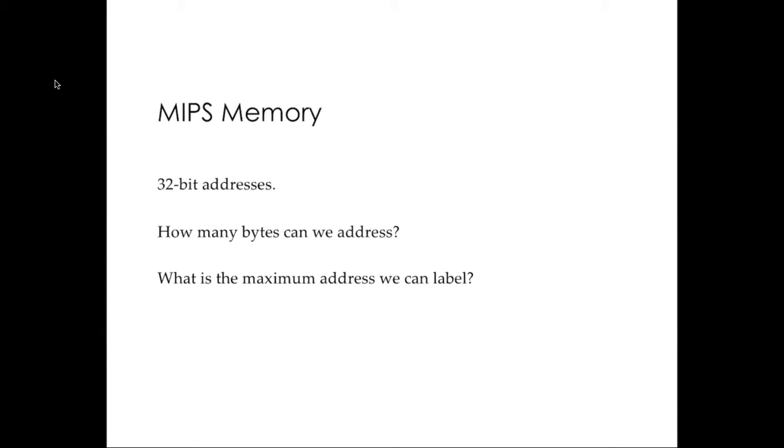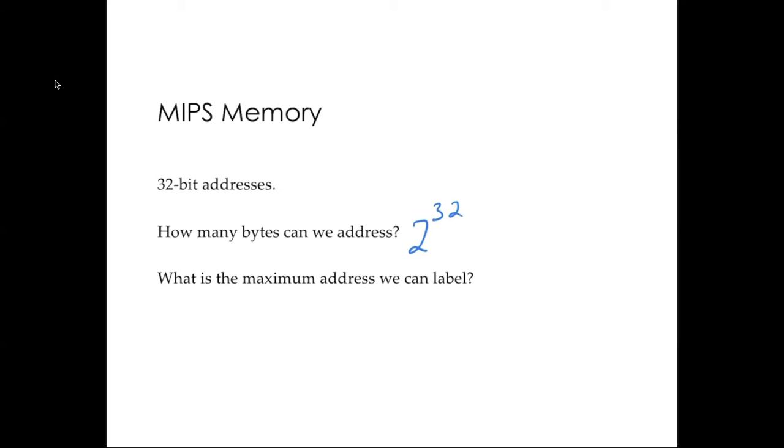So we know that MIPS memory has 32-bit addresses and is byte addressable, meaning every byte has an individual 32-bit address. Given that, how many bytes can we address? Turns out that there are 2 to the 32 different places we can address in MIPS memory.